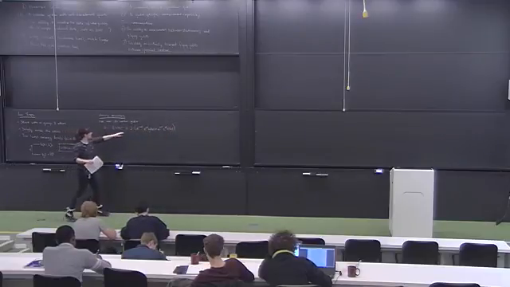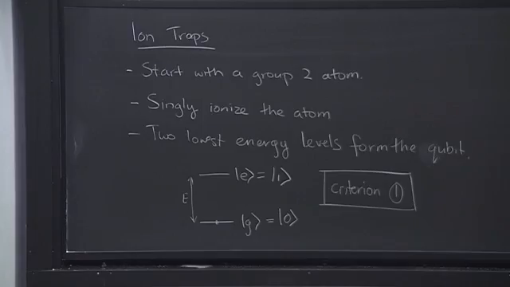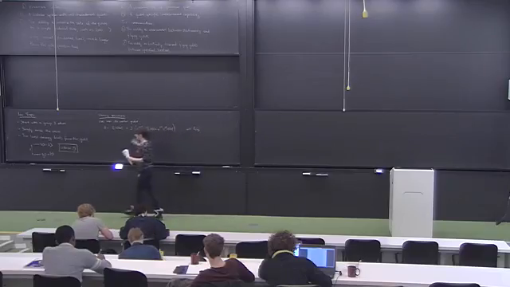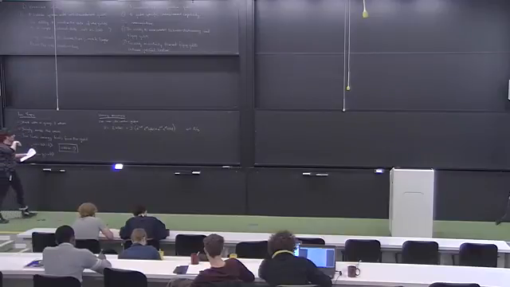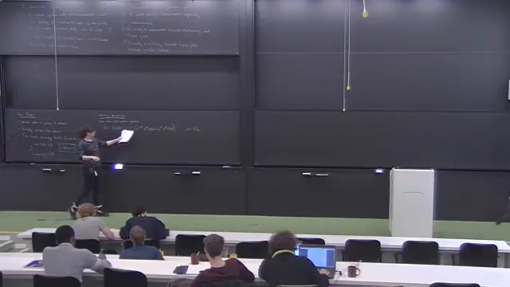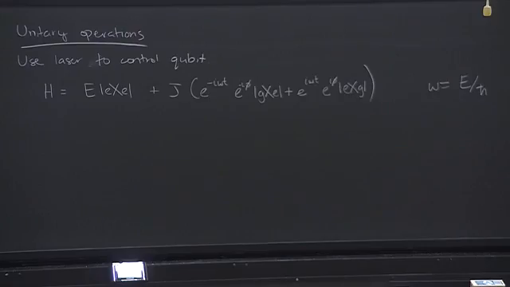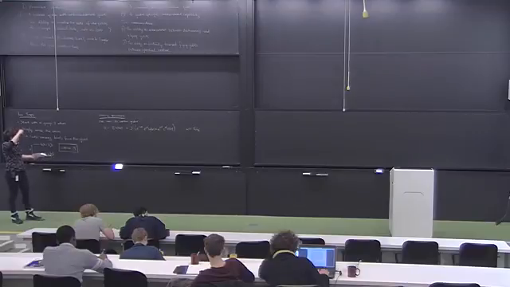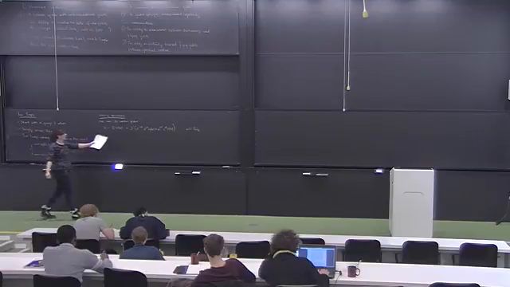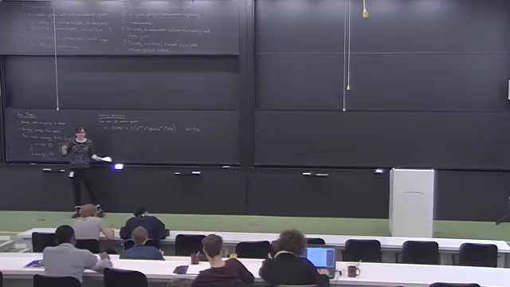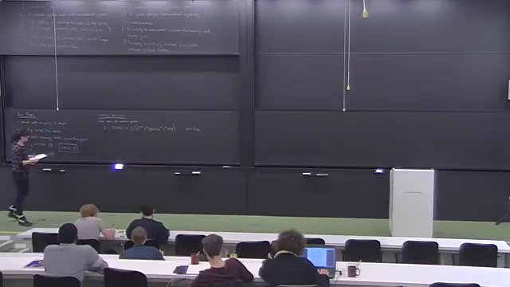Omega is the frequency of the laser, and we're going to set omega to be E over h bar, so that it is on resonance with the atom. J is a coupling constant that's under our control, essentially related to the strength of the laser that we're shining on the qubit. And this phase phi corresponds to the phase of the laser, so we can control that as well.